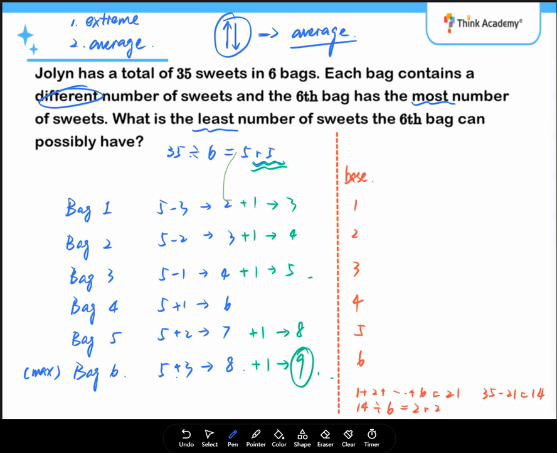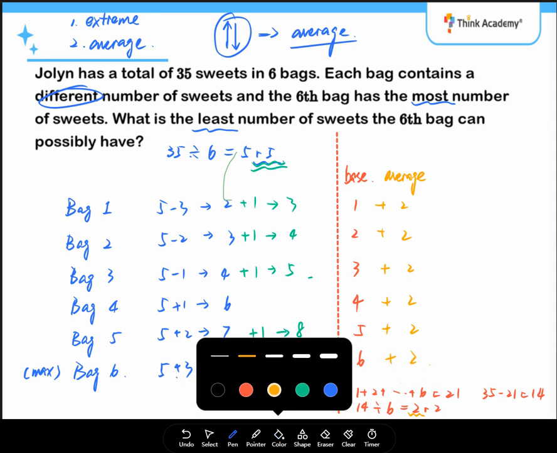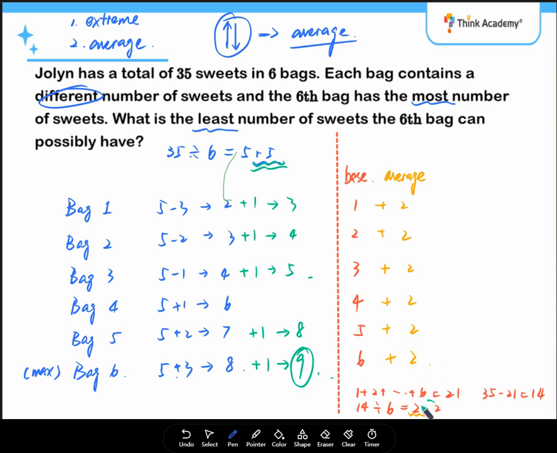Am I right? Now what we can do is to arrange those 2 to them. That's the average part. So add 2, add 2, add 2, add 2, add 2, and add 2. The final round would be the way to distribute the extra 2.